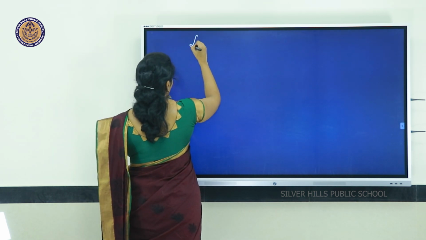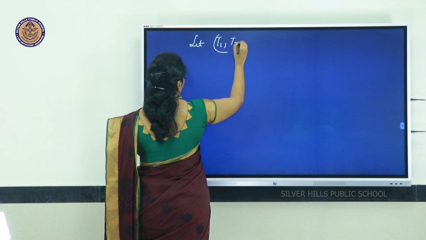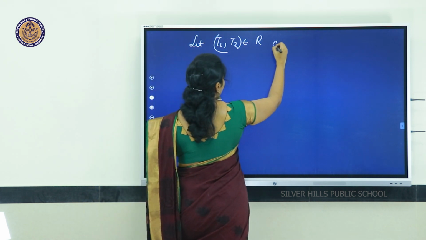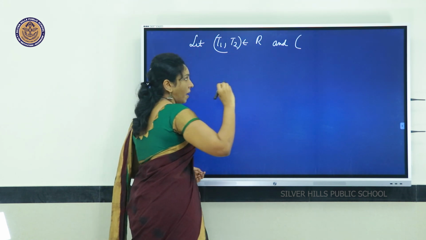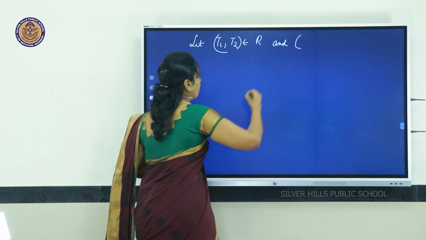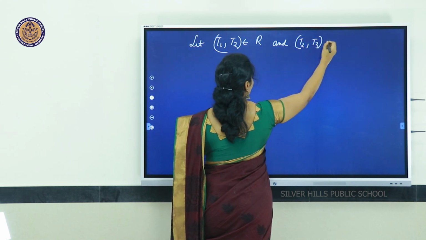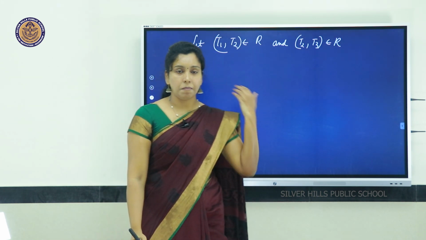So, let T1, T2 belong to R. When we consider the next pair, remember it must start with T2: T2, T3 belongs to R.